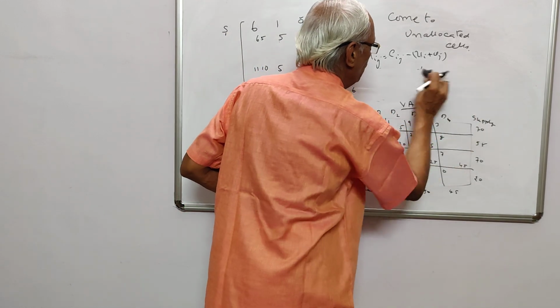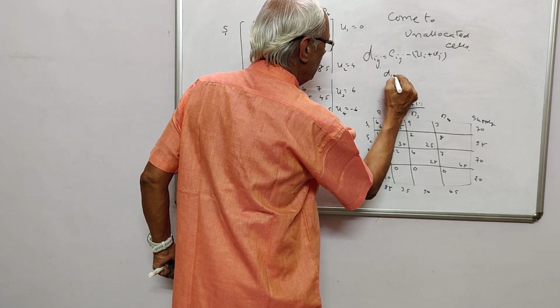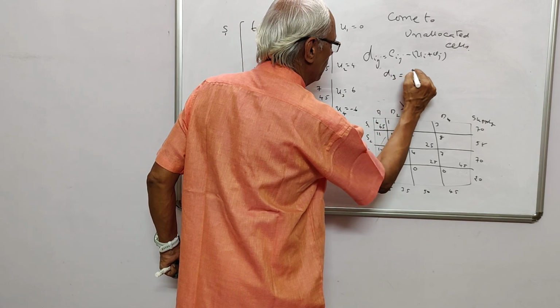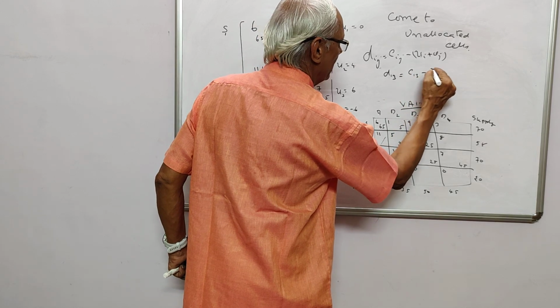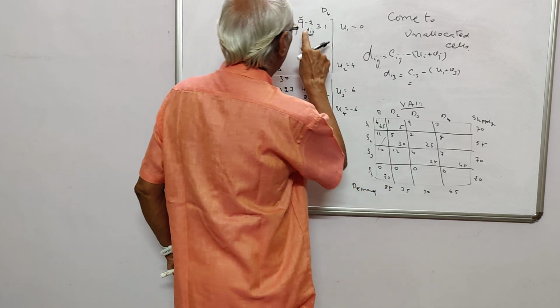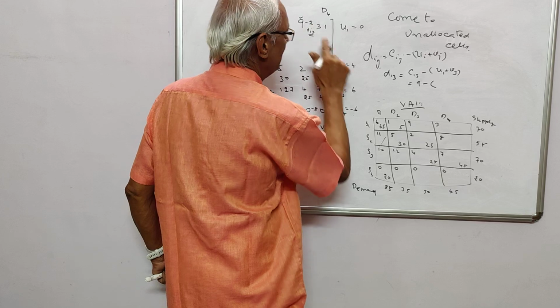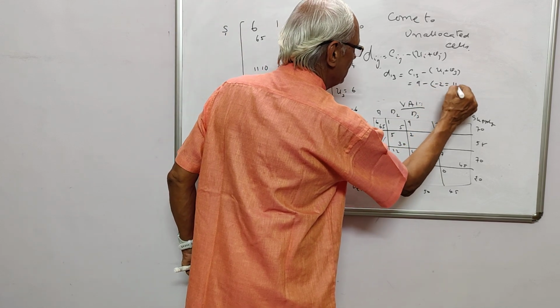For example, how do you do this? I want D13. D13 is equal to C13 minus U1 plus V3. C13 is 9. Minus U1 plus V3, which is minus 2, that is equal to 11.